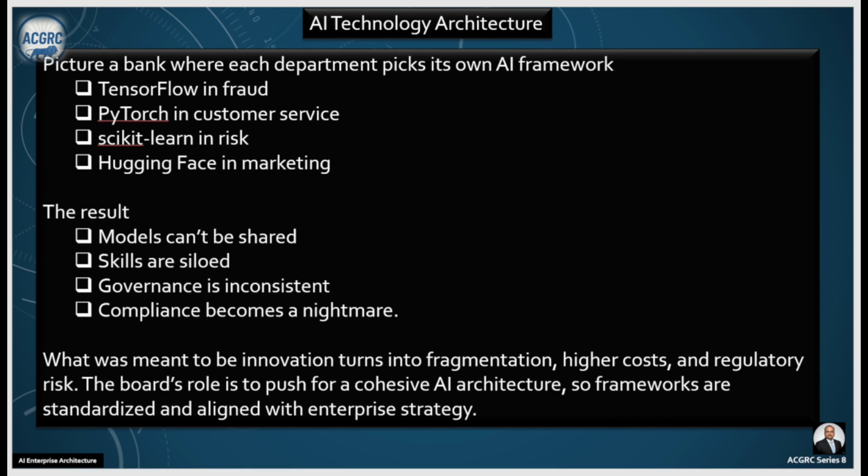The result? Models can't be shared, skills are siloed, governance is inconsistent, and compliance is now a nightmare. So what was meant to be innovation turns into fragmentation, costing the organization much more than anticipated, and regulatory risk is still staring hard at us. Now, the board's role is to push for a cohesive AI architecture so frameworks are standardized and aligned with the enterprise strategy.